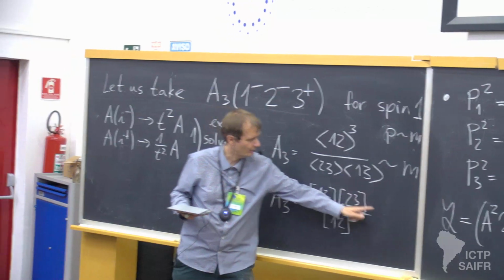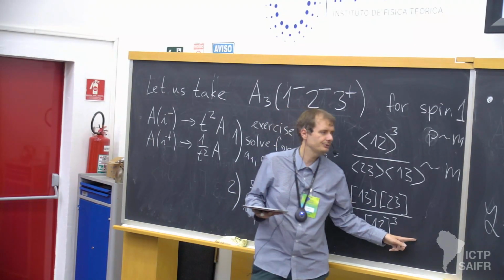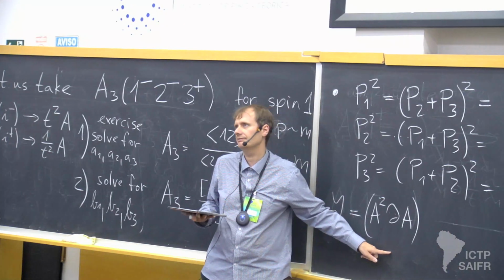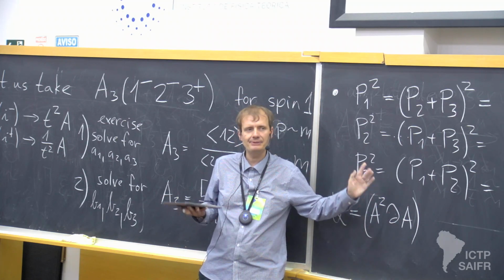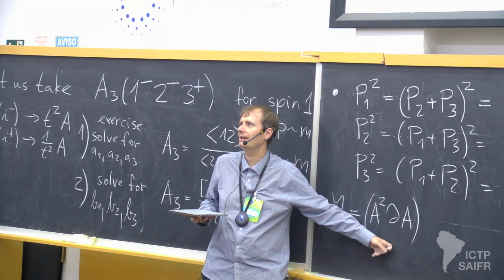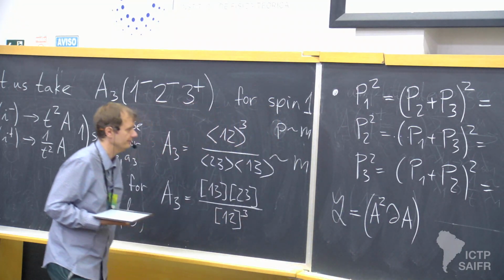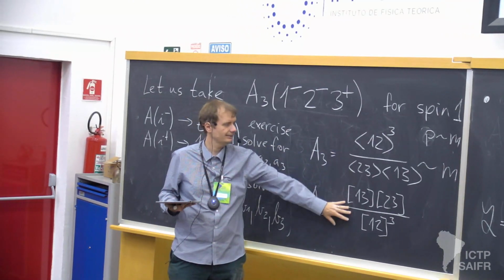This one scales like 1 over m. So it would have to come from a term which is not local, like 1 over derivative. If you are happy with non-local QFTs, you might consider it. But in local QFTs, this is the right one and this is not the correct one.